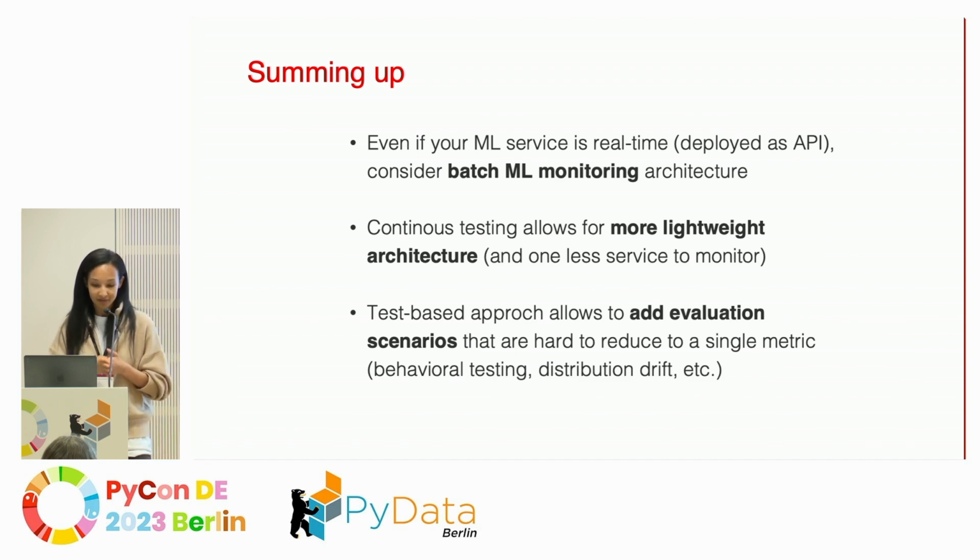And finally, if you have not only REST API, but batch models, and you don't want to customize your testing pipeline, that suits very well, because it's much easier to use the same scheme for batch and real-time models. Why not reuse that?